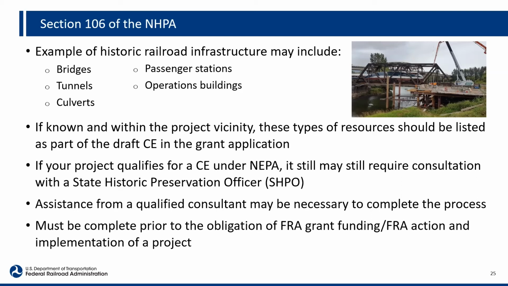And so assistance from a qualified consultant may be needed if you don't have the expertise in-house. So keep that in mind. And remember that the Section 106 process and consultation must be complete prior to obligation of any grant funding. Next slide, please.